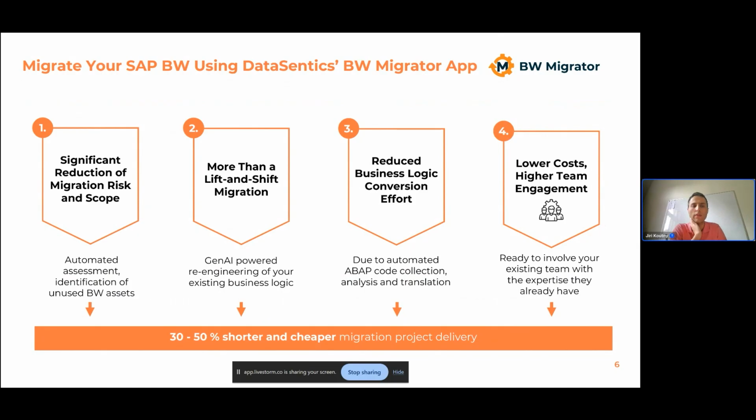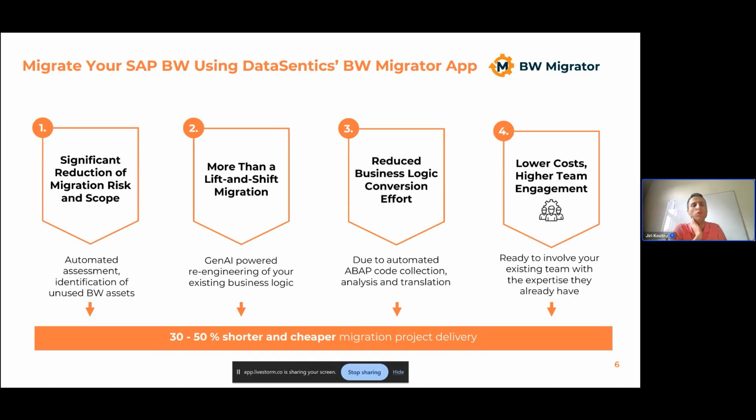The goal is first to reduce the migration risk and the scope by analyzing the usage of your BW objects, transformations and business logic. By using this process and this tool, you can achieve like a 50-60% archival rate.